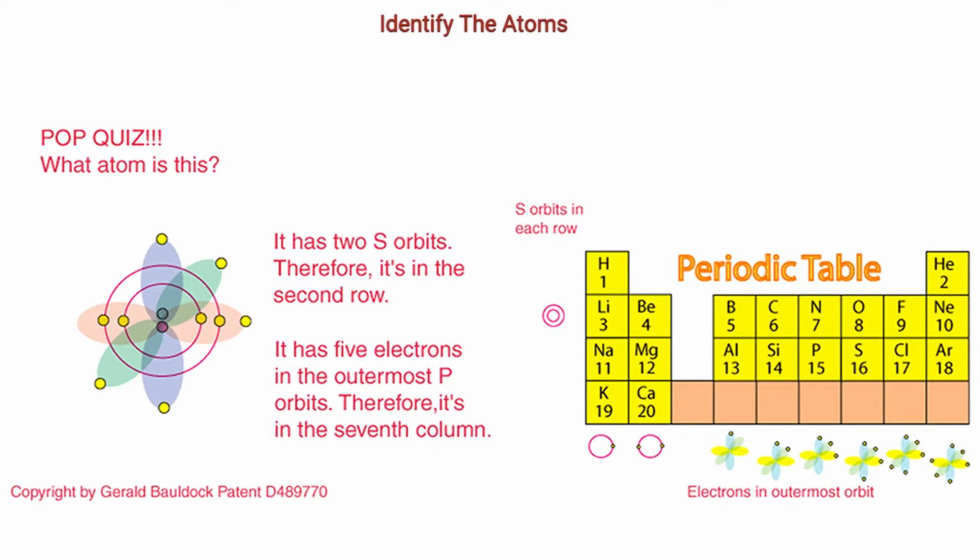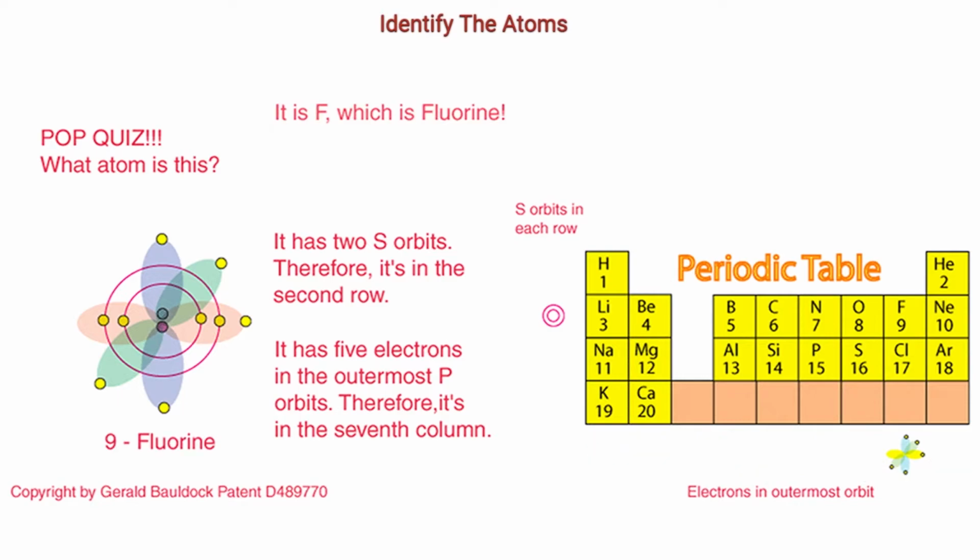It has 5 electrons in the outermost p orbital. Therefore, it is in the 7th column. It is fluorine.